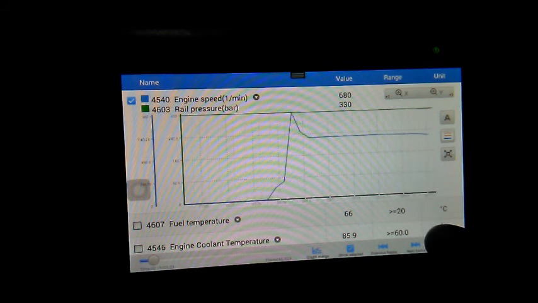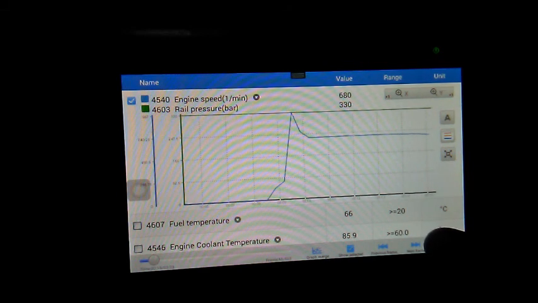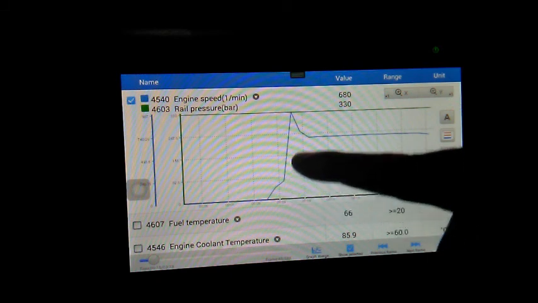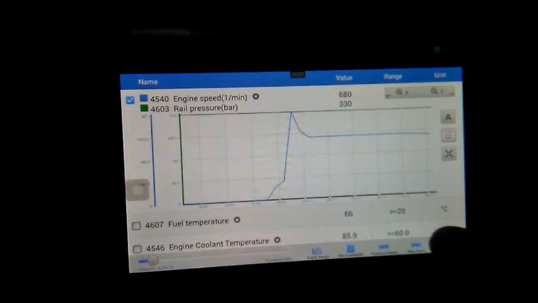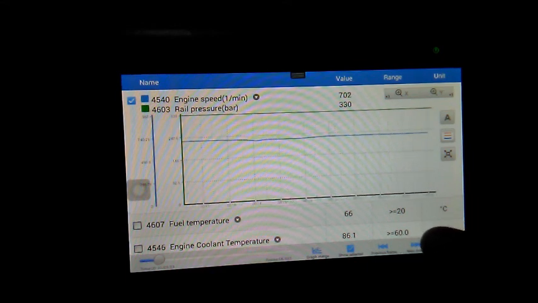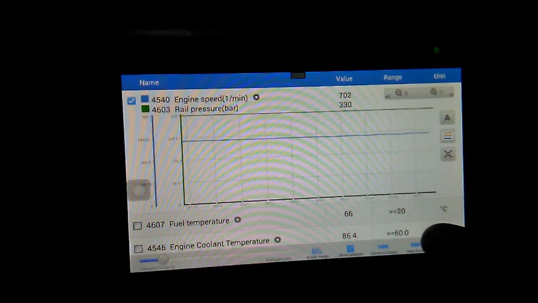Fuel rail pressure is in green, the blue is the engine RPM. That is me cranking it, and then the engine speed stabilizes, and all the while the rail pressure didn't even flinch.